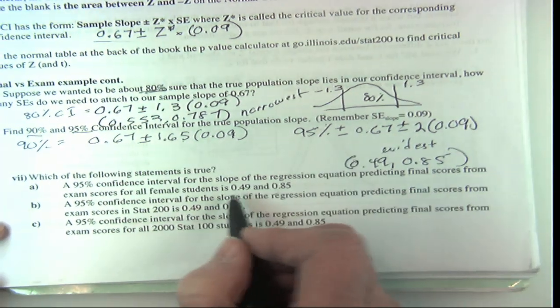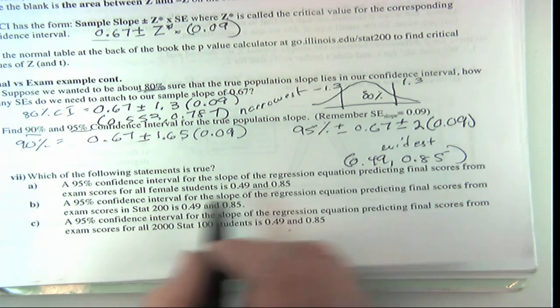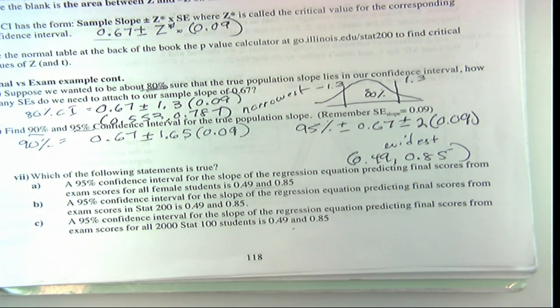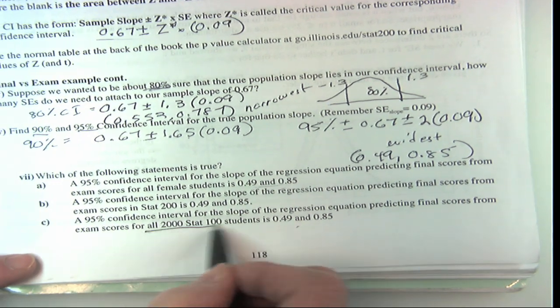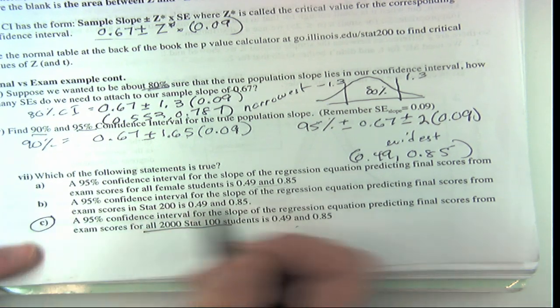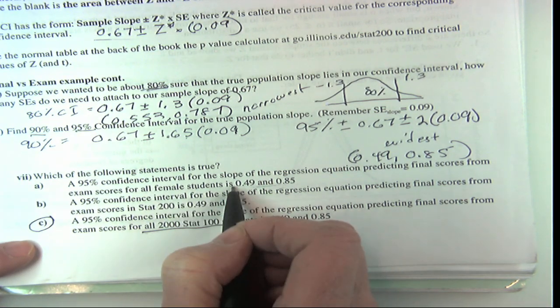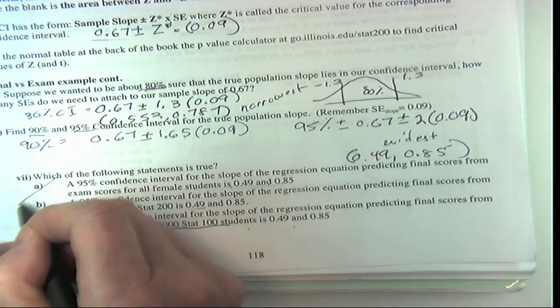So which one of these is true? Well, it can only be applied to the population that we sampled from, which was this. So that's our answer. You can't apply it to a narrower population or a different population. So those are wrong.